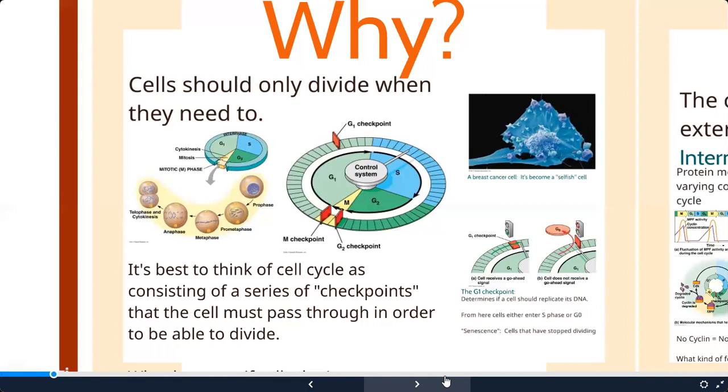But for the multicellular organism, this is bad because that cell is no longer doing its job and it's competing for resources with the cells in your body. And most of the time it outcompetes them, which eventually leads to the death of that organism.